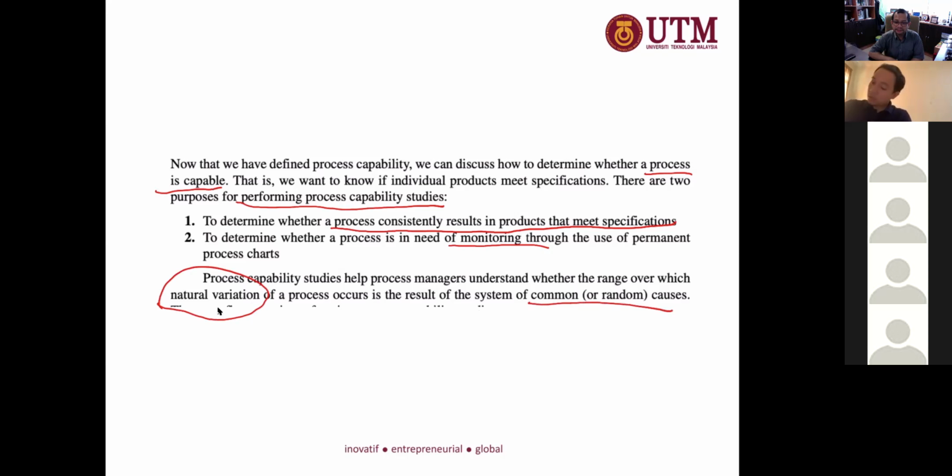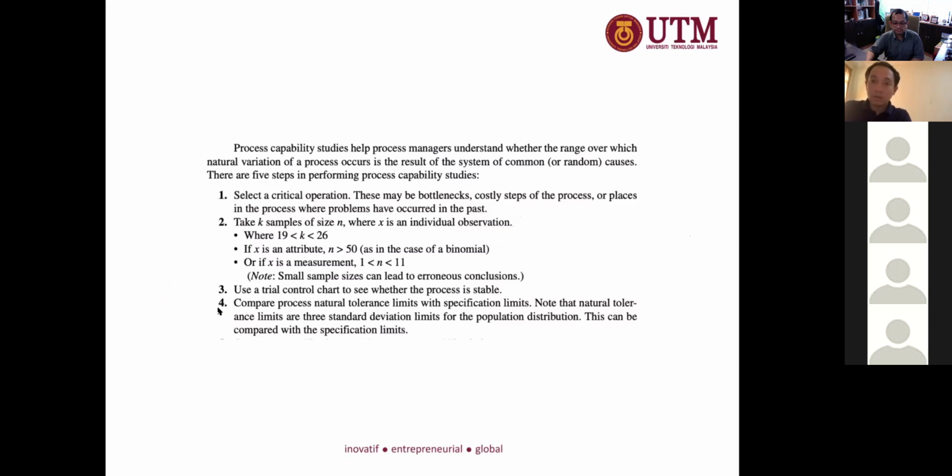Common causes relate to robustness. So with this process capability study, we will help you as manager. These are the steps to do the process capability study.